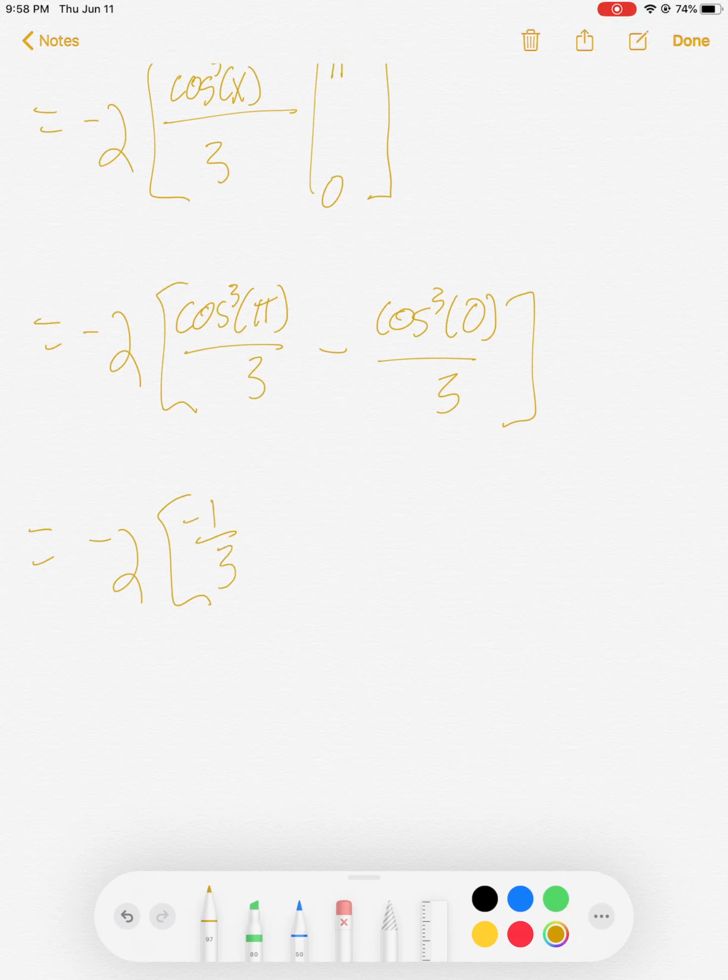I'm thinking that I made a typo because I'm not going to get the same answer here, but we will double check that in just a minute. That's clearly just me making a small mistake. So -1/3, and then cosine of 0 is 1, so that's -1 over 3. And so this gives me +4/3. And I think in the first one we got negative, so that's just a typo.